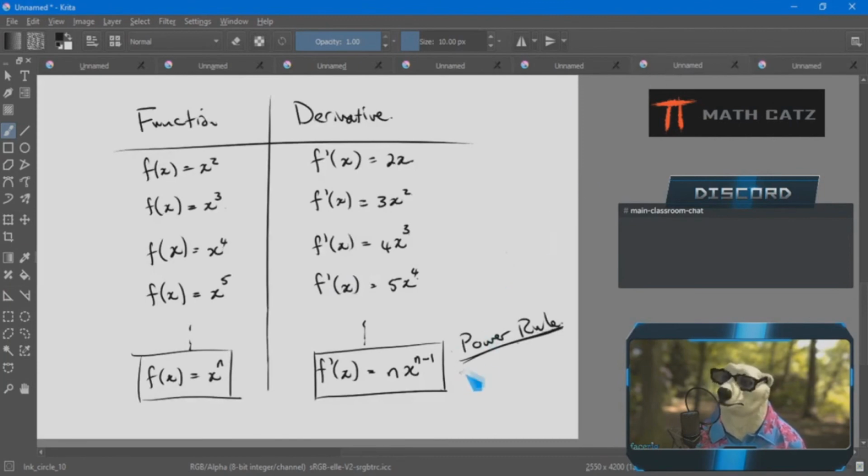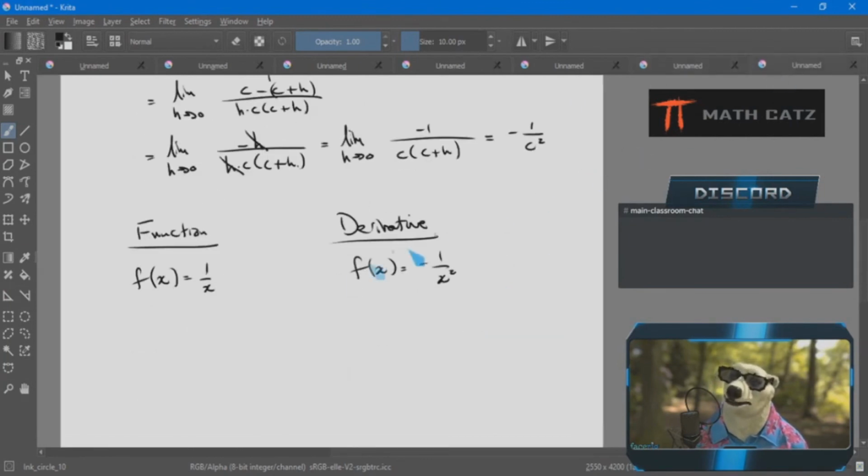Does the power rule apply? It does. This function is x to the negative 1. If I rewrite this derivative, I get negative x to the negative 2.